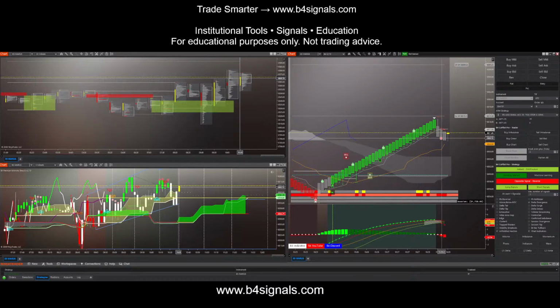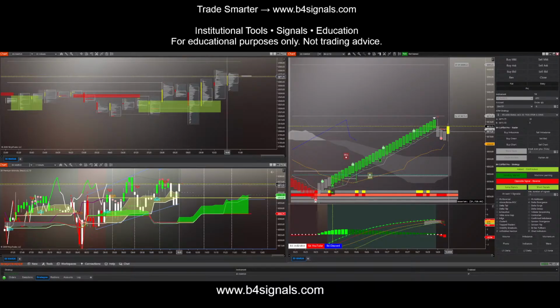That is a possible warning to move your stop or possible exhaustion. It does have an automated stop on it, but that's only after a certain amount of time has passed, and it does use a little bit of ATR and a couple other little factors in it. It's not completely time based on my stop loss.